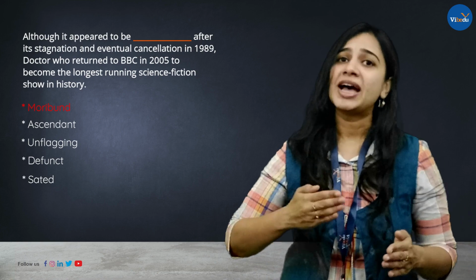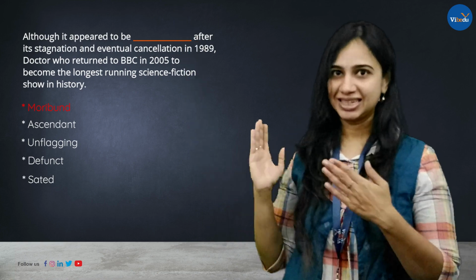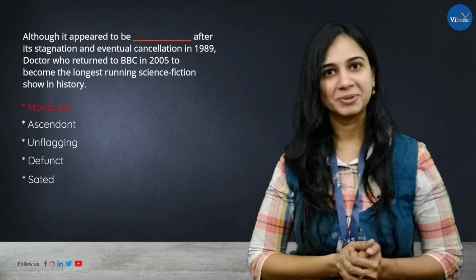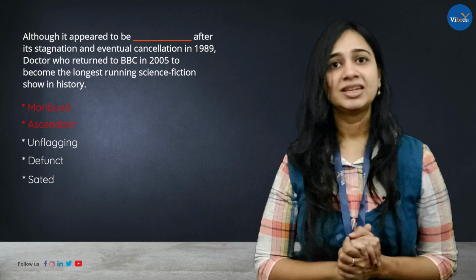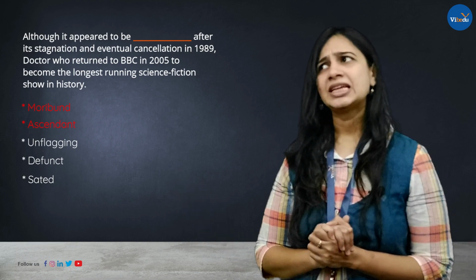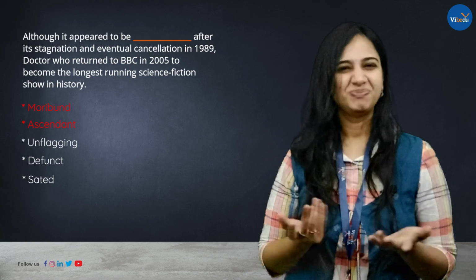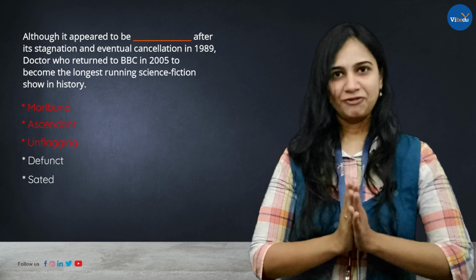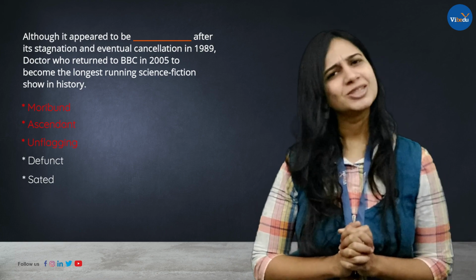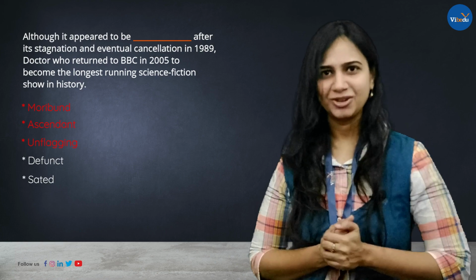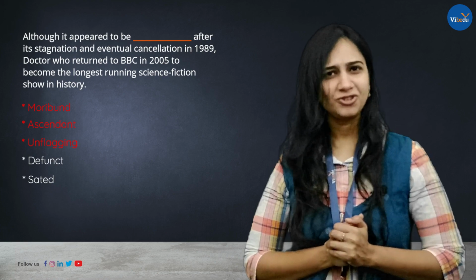Ascendant. Ascendant is rising in power. So again, that's completely opposite of my answer. Eliminate. Unflagging. Unflagging is tireless, very persistent. So no match. Defunct. Defunct is looking like a known word. Try.